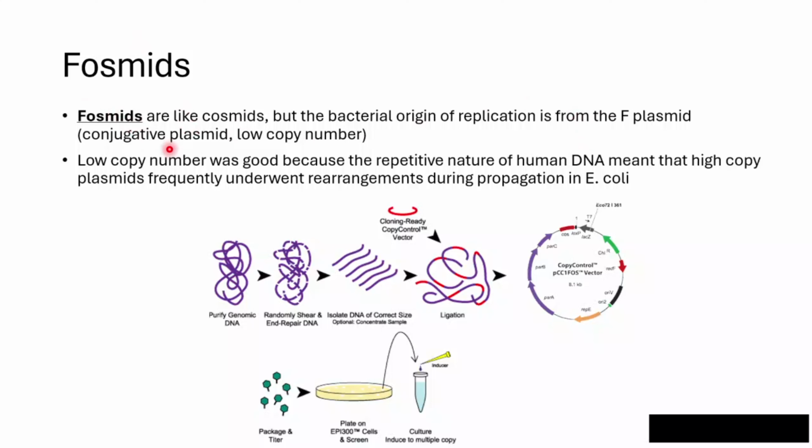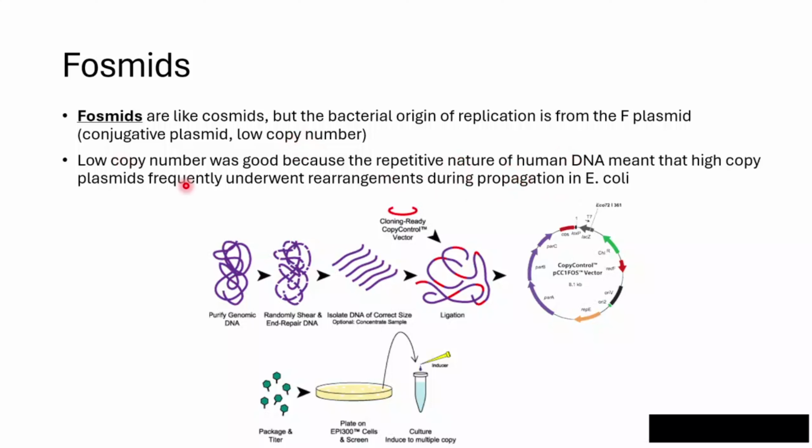Now, why is this an upgrade? Usually you have only one or two phosmids inside the bacterium. You don't have that much, so it's a low copy number plasmid. Because it is a low copy number plasmid, it prevents changes in your genome. I'll explain what this really means. The human genome is highly repetitive. You have a lot of DNA that is repetitive, and that will lead to problems because there are rearrangements.